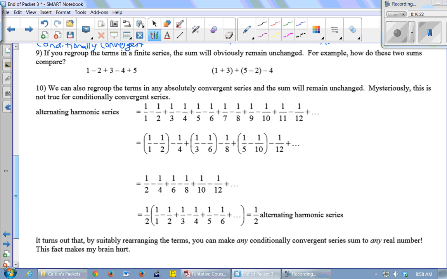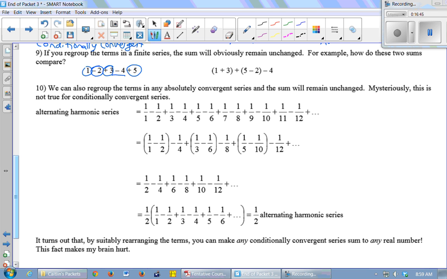All right, here's some weirdness. If you regroup the terms in a finite series, adding up a finite number of numbers, the sum is the same, right? 1 minus 2 plus 3 minus 4 plus 5. I can add these in any order I want. I can put the 1 and the 3 together, and the +5 and the -2, and then the -4.